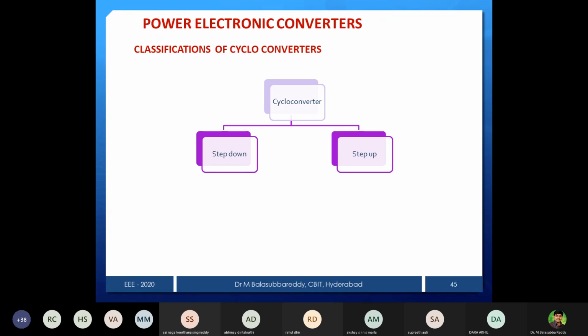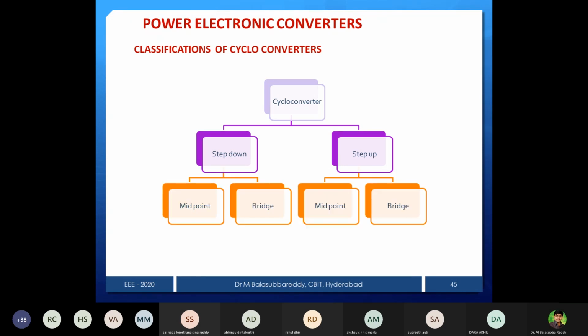This is rating wise, meaning frequency range wise. And based on the connection, you can say midpoint and bridge type.